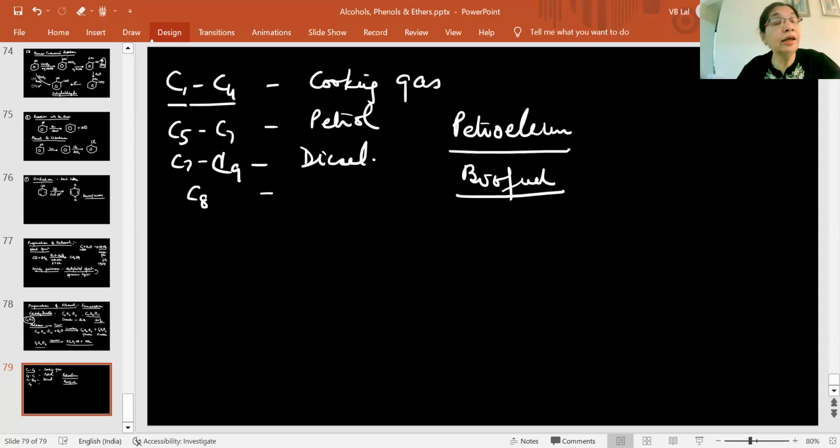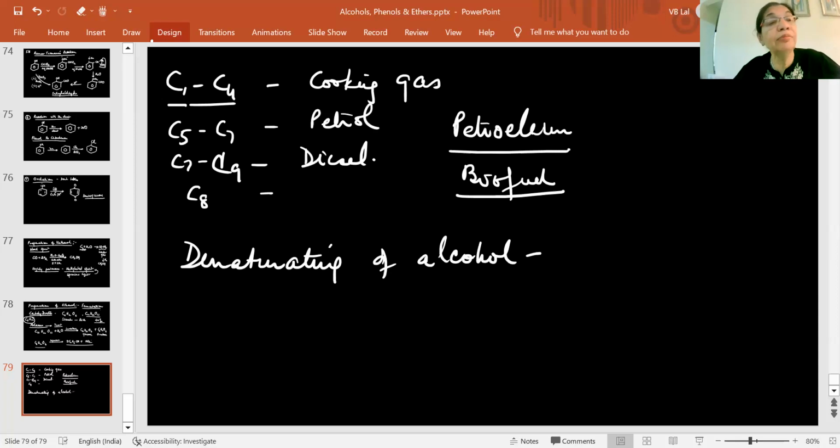The word that I didn't mention is denaturing of alcohol. Denaturing of alcohol is done by mixing it with methanol. Methylated spirit is prepared to denature alcohol. Denaturing alcohol means making alcohol unfit for drinking.